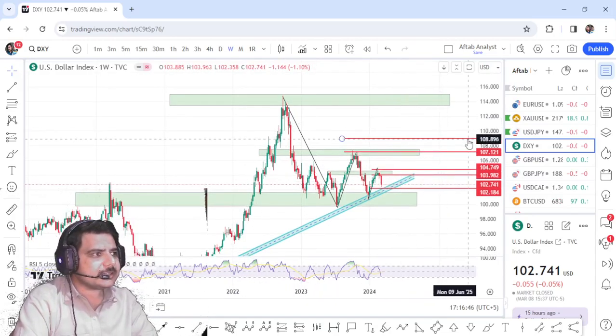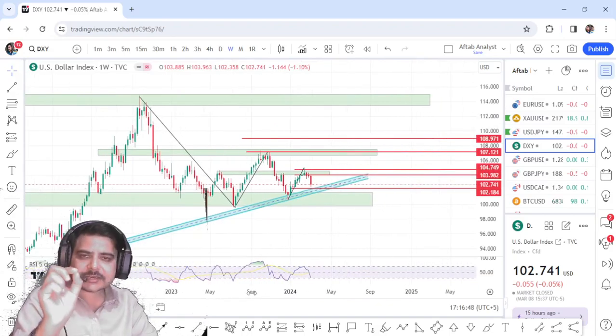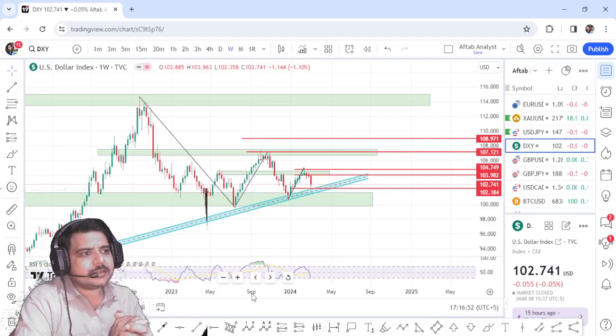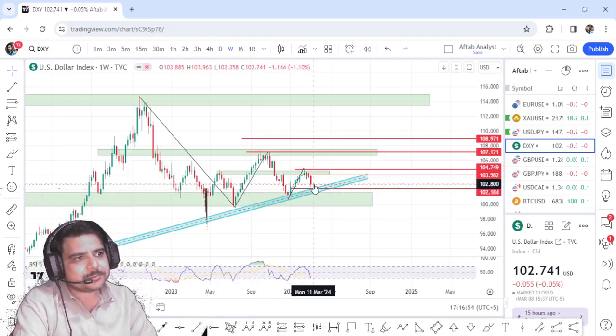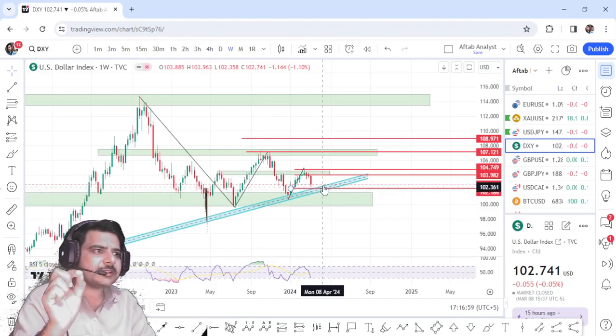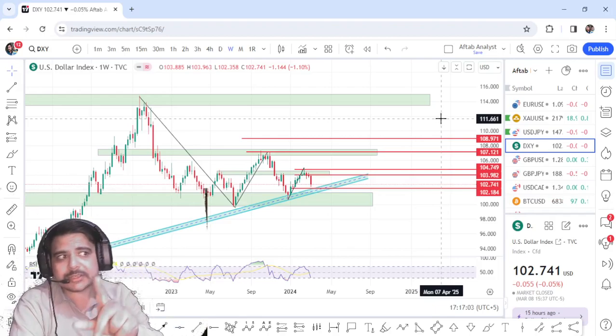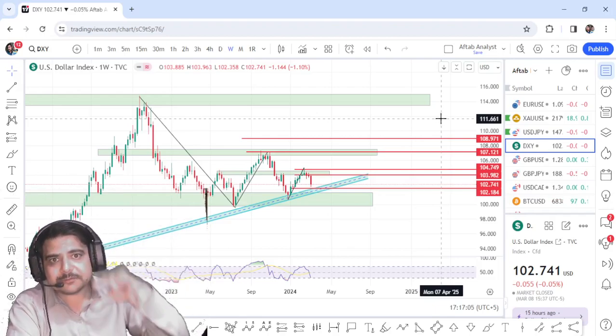So this is not yet achieved, which means there is still potential left. Unless this price breaks the trend line to the bottom side, there is still this potential that the bulls can push the market towards 108.971 to complete that unfulfilled level.